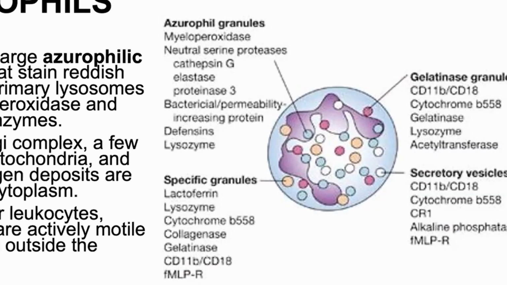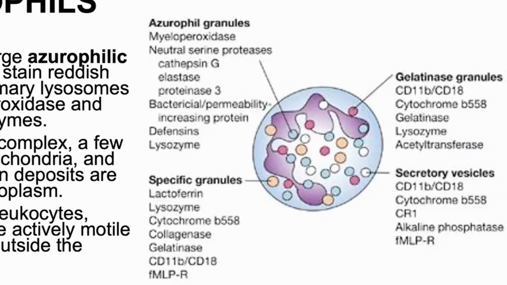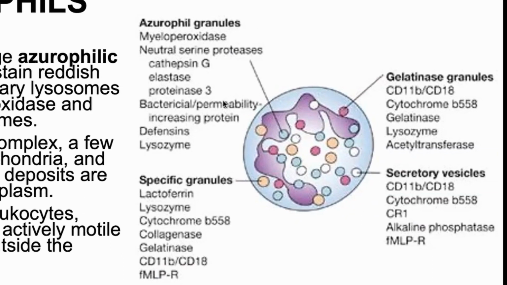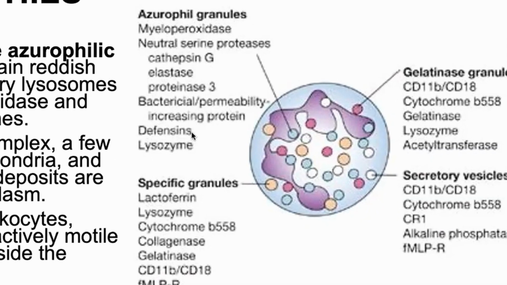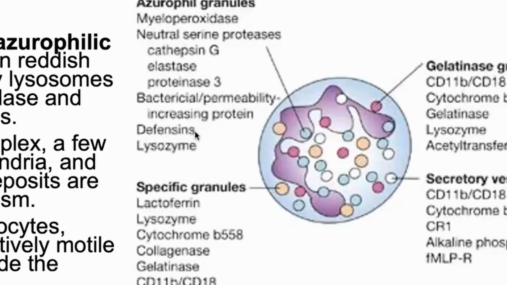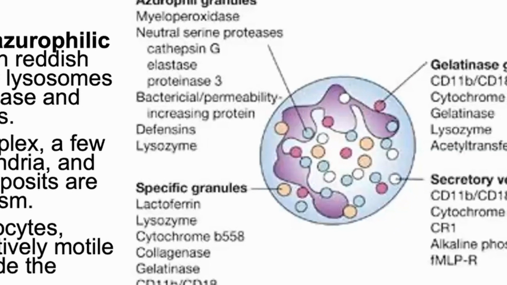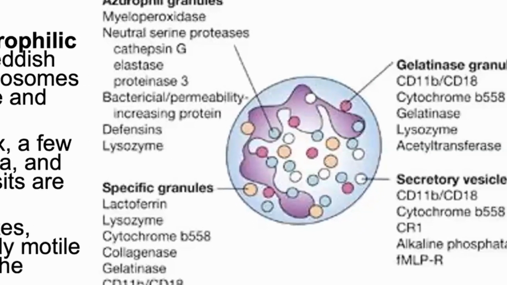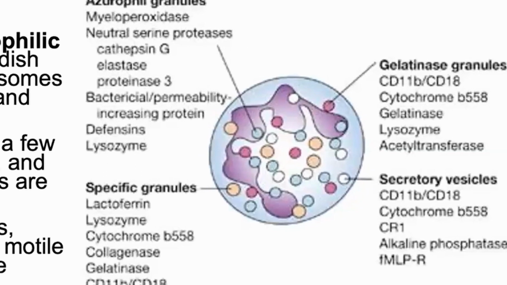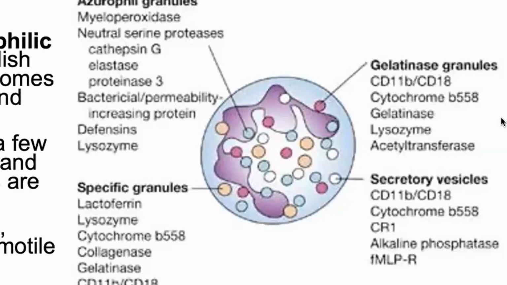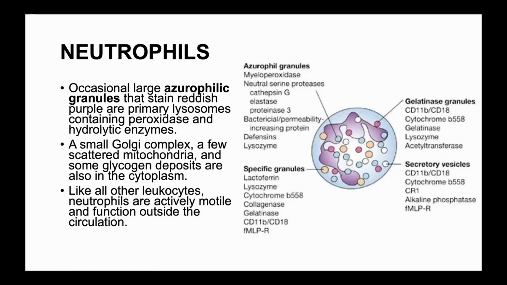They have a lot of enzymes: elastase, proteinase, and defensin. All of these are important, for example, with phagocytosis, for digestion, cleavage, and even destruction of bacterial components. They have a small Golgi complex, a few scattered mitochondria, and some glycogen deposits, and they are motile.